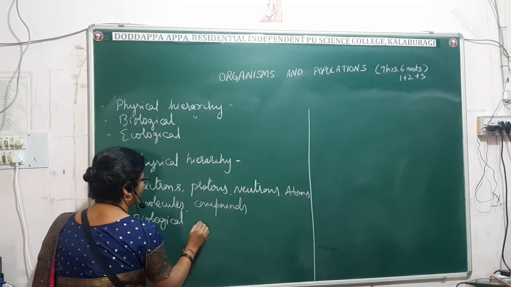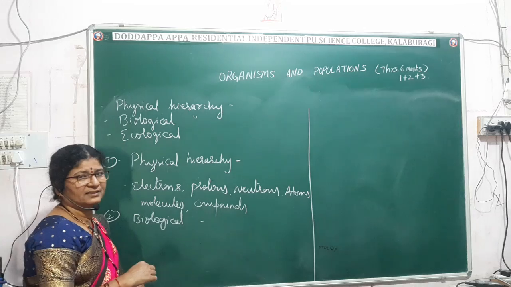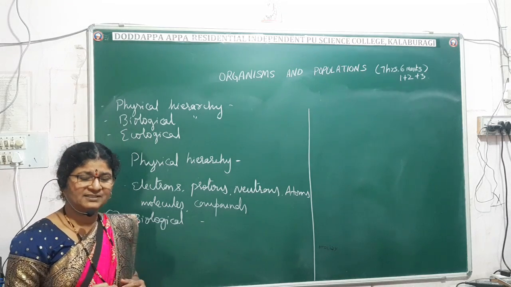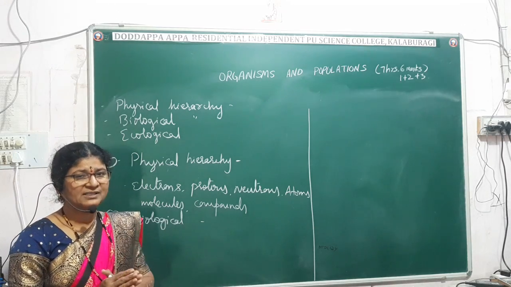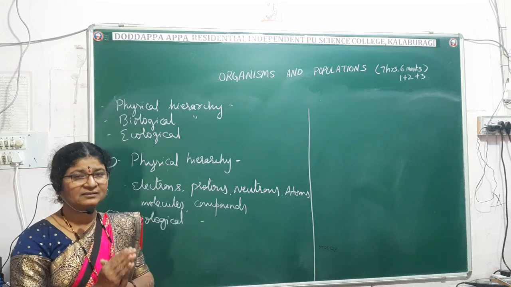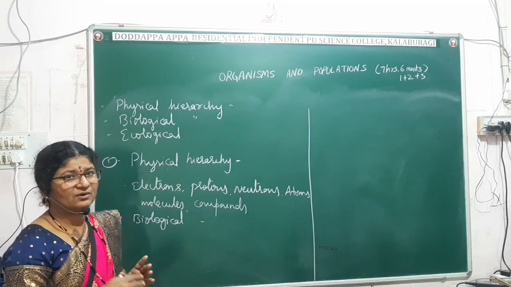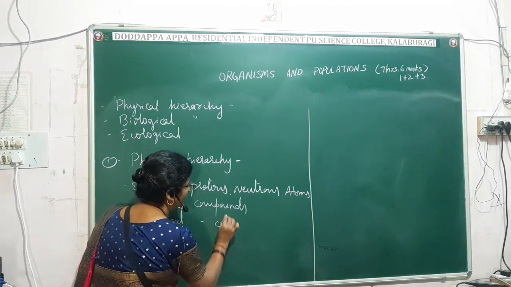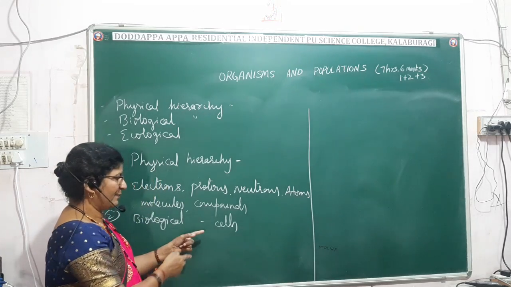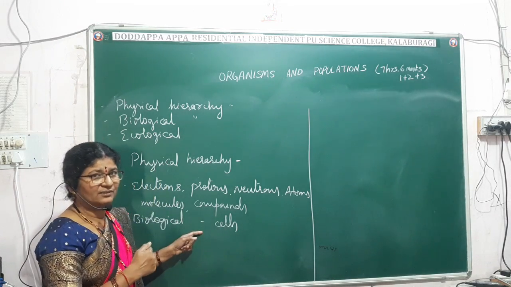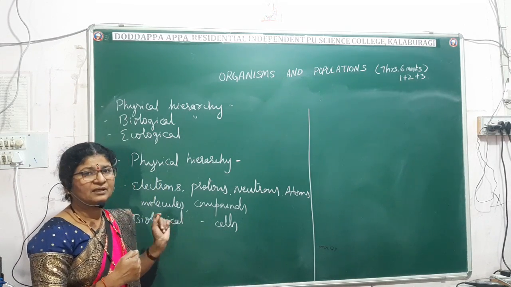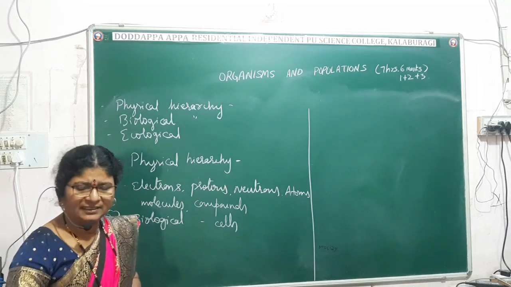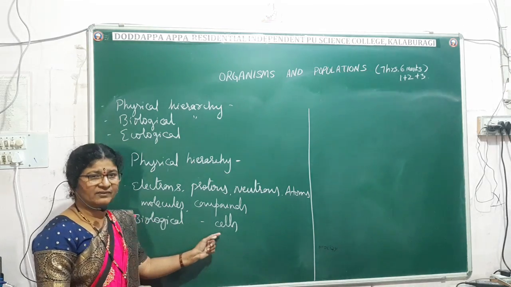Biological hierarchy. You have studied in the first year that all animals are made up of structural and functional units called cells. These cells are made up of organic molecules, micromolecules and macromolecules. That also we can write, but I am beginning directly with the cells.